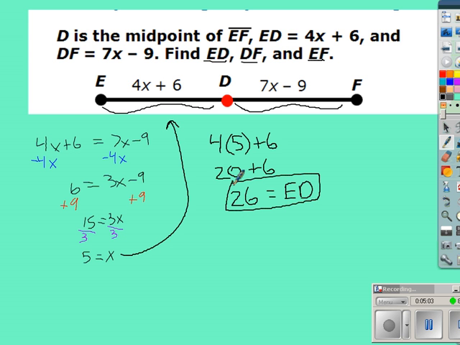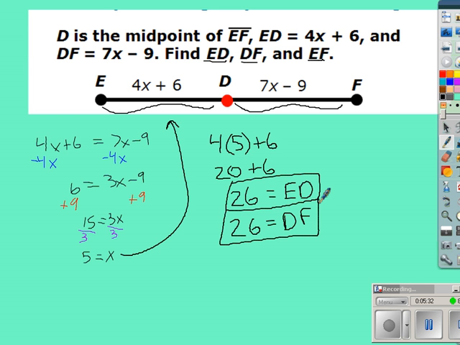So there's one answer. They asked us to find DF. Now we could plug 5 in for x and solve again, or we could recognize that since ED and DF are the same length, if ED is 26, DF also has to be 26 because they're the same length. Didn't even have to do any multiplication or subtraction or anything. Just plug it in.